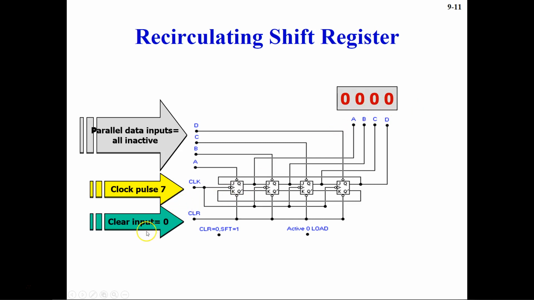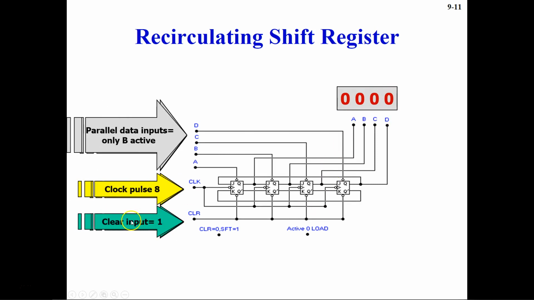The reason is that the clear input is equal to 0, so your CLR is activated. When that happens, you will have all zeros here, and if it was 1, then the situation could have been different. You might have had the last one go here.